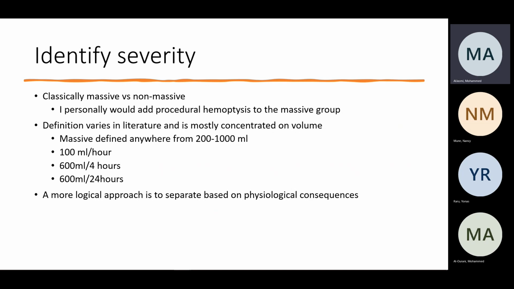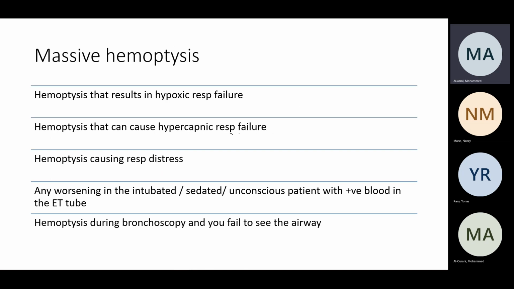For me, I base the severity of the hemoptysis on the physiological consequences of the hemoptysis. Massive hemoptysis is any hemoptysis that causes worsening hypoxic respiratory failure. Massive hemoptysis is any hemoptysis that can cause hypercapnic respiratory failure or worsening of it. Anybody who has hemoptysis and respiratory distress has a massive hemoptysis, even if he coughed up 5 cc's.